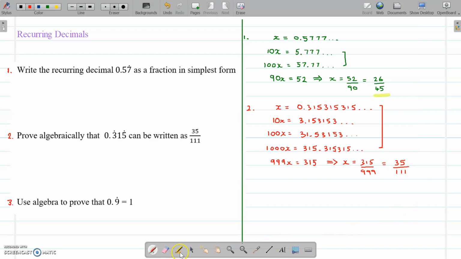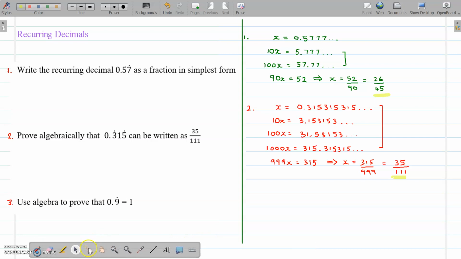So we've done the second question. Now the third one is really fascinating, because people will say 0.999 recurring is very, very close to 1. Well, actually it is 1. It's exactly 1. People really struggle with that idea, but it is true, and it's so easy to prove.